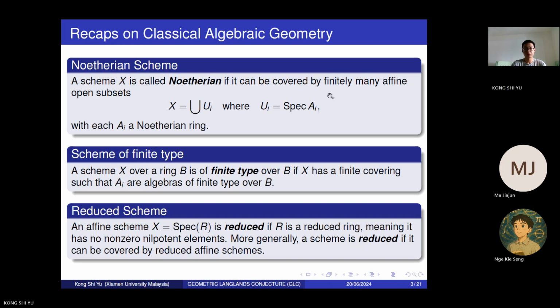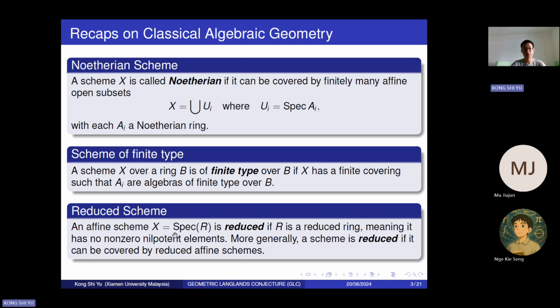Here we take these A_i, and we say a scheme S is of finite type over a ring B if S has a finite covering such that each A_i is a finitely generated algebra over B. Next, to describe what we call a derived prestack, which I will introduce later, we require the definition of a reduced scheme.